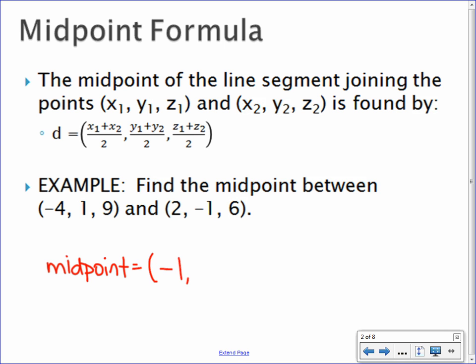What's the average of 1 and -1? 0. And what is the average between 9 and 6? 7.5. So 7.5, or you could write 15/2.